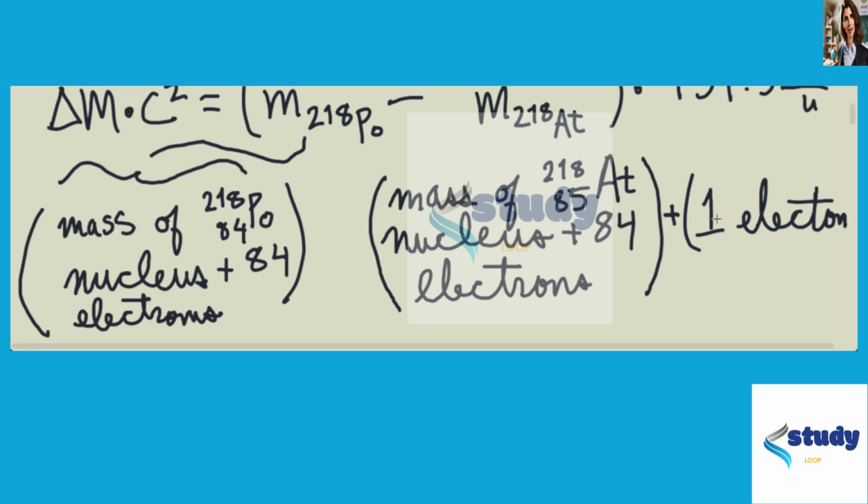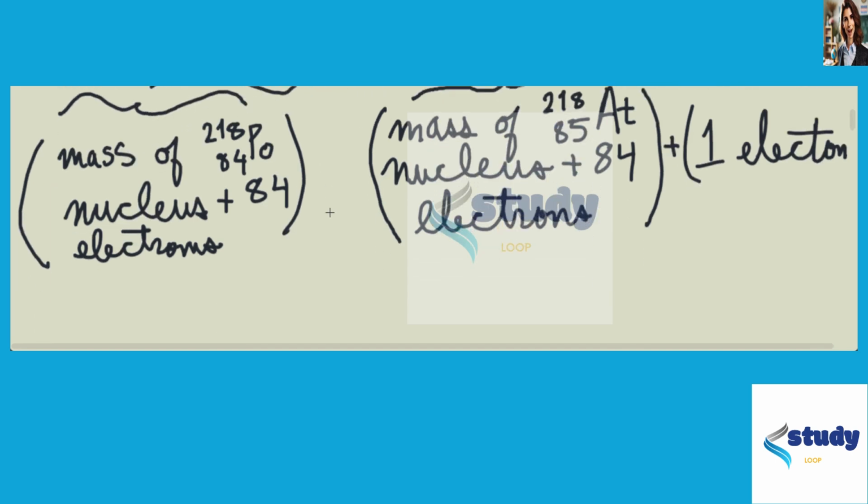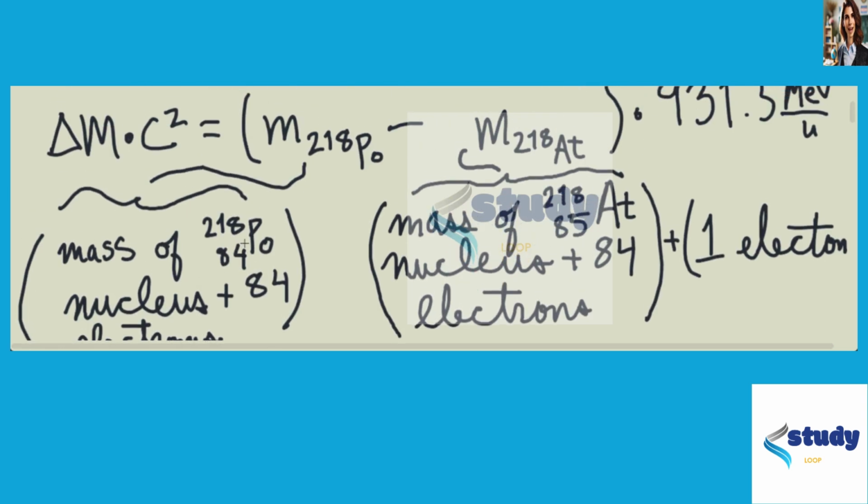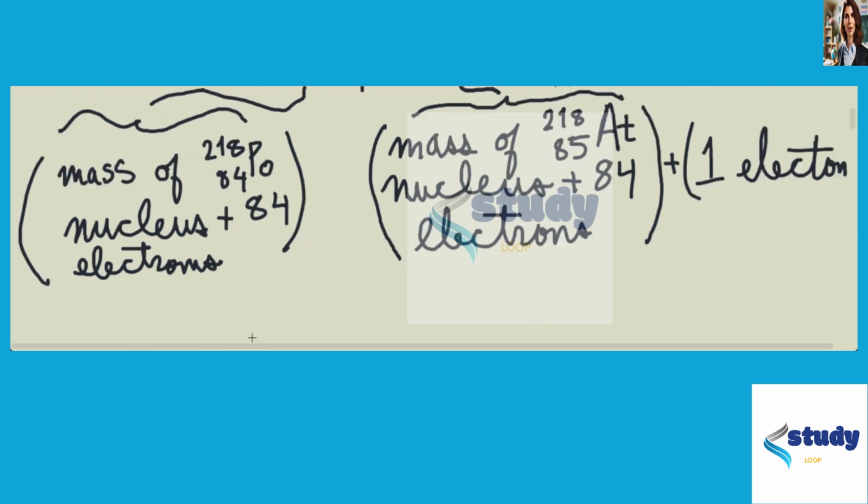So we have a balanced charge now, 84 plus 85 negative charges balances the 85 positive charges in the nucleus of the astatine atom. So all our new electrons are accounted for here, and we have accounted for the mass of all the players in this simple two-term difference.